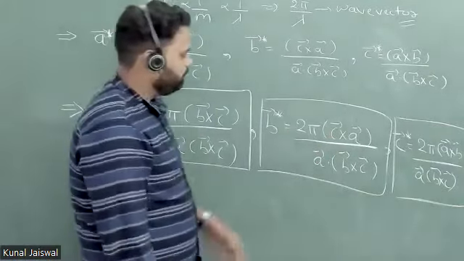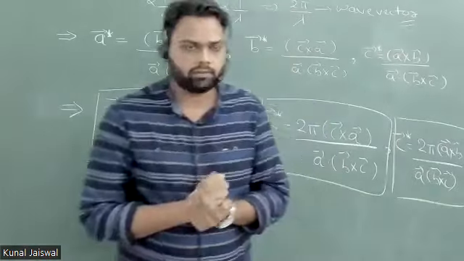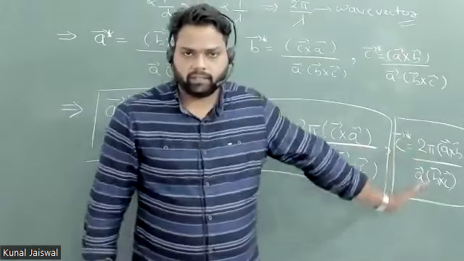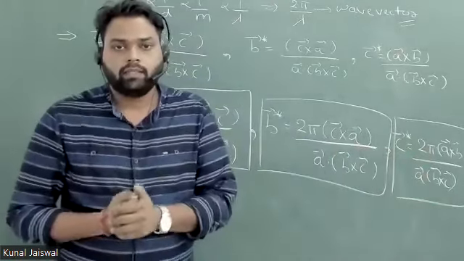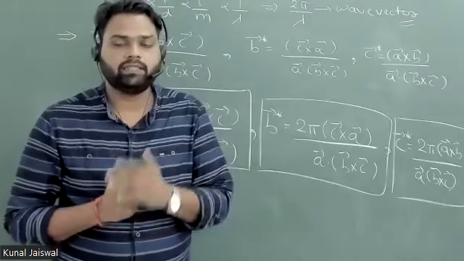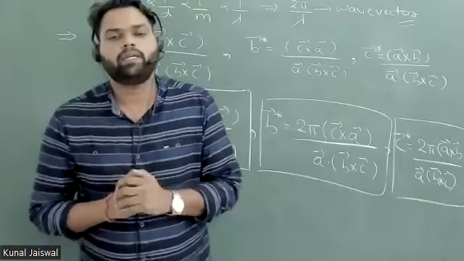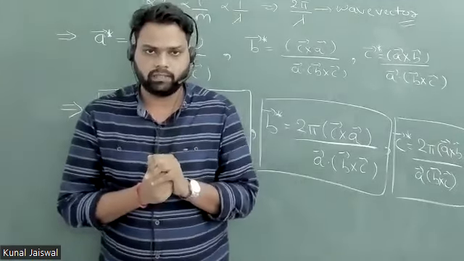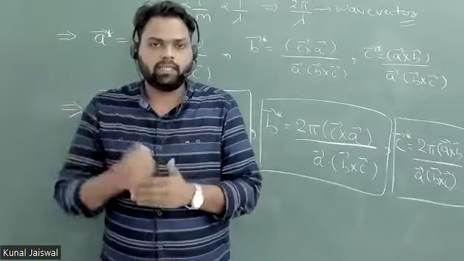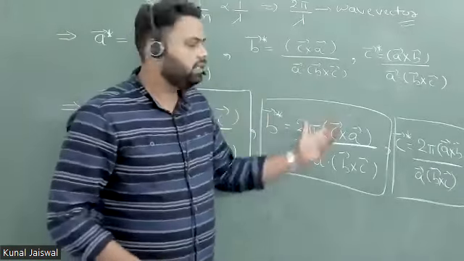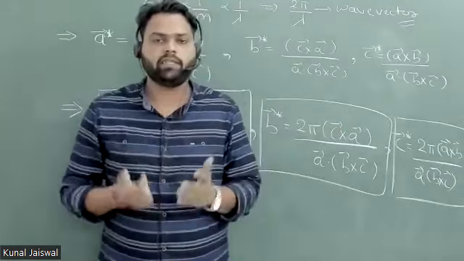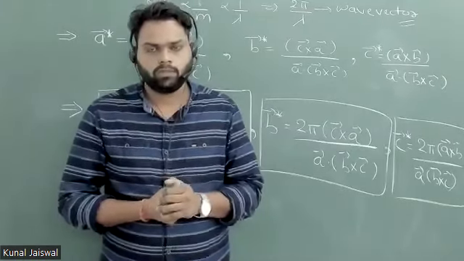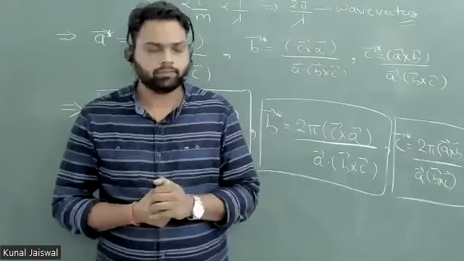So first thing, let us see what we are going to do today. With the use of these 3 reciprocal lattice vectors, we are going to find what happens in a simple cubic lattice, what happens in a body centered cubic lattice, and also what happens in the face centered cubic lattice. If we use this reciprocal lattice vector concept in these three crystal lattices, then what we will get, and we will do some numericals over there. Okay, we will also do some numericals in it.